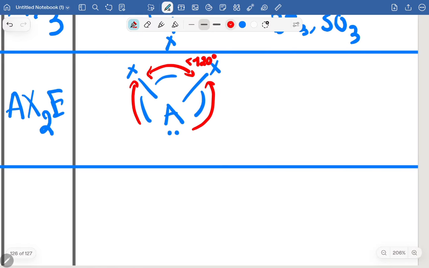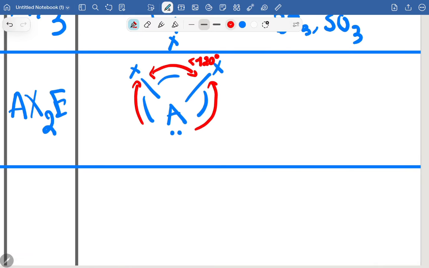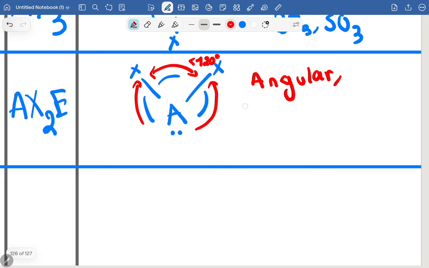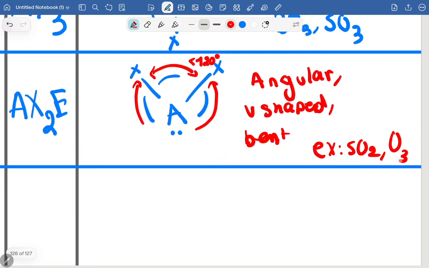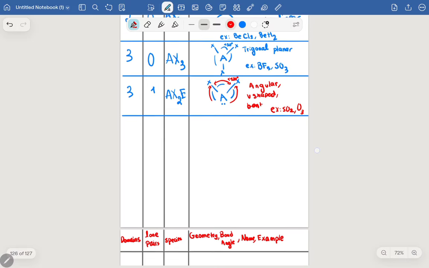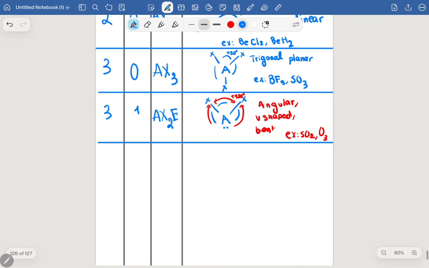Now, what's the name of this shape? This is called an angular or V-shaped or a bent structure. And some examples of these are SO2 and O3. So this is the 3 domains and 1 lone pair.